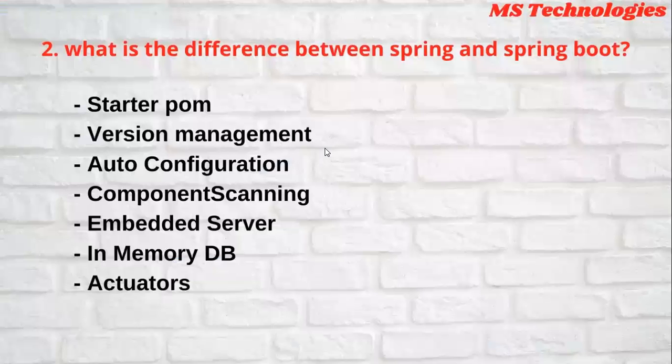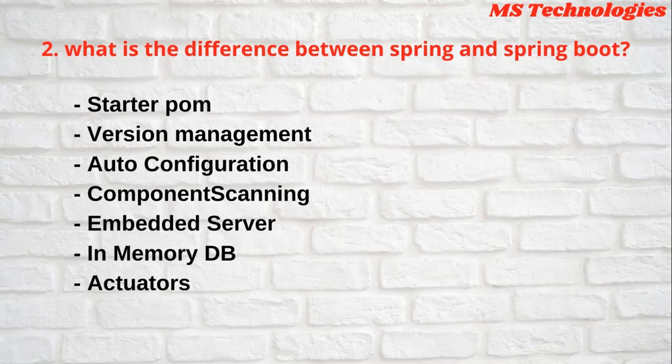Next, what is another feature? Version management. Whenever you are configuring dependencies in a Spring based project, we need to choose the version number also. Which version of the Spring framework we need to use, which version of Hibernate, which version of the servlet, which version of the JDBC driver.